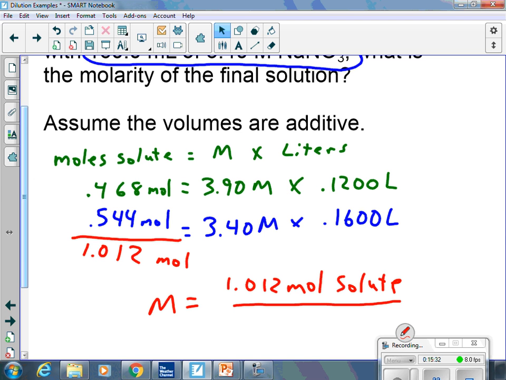I add them up. So I'm going to do that over here. Add them up. 0.2800 liters. Add it up, correct? So I'm going to divide that by 0.2800 liters.